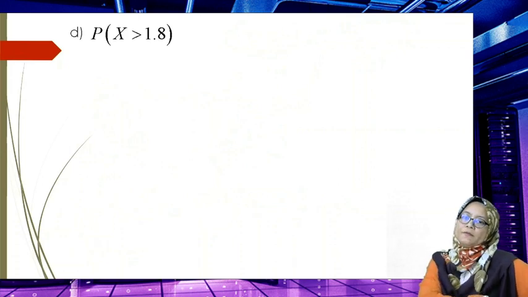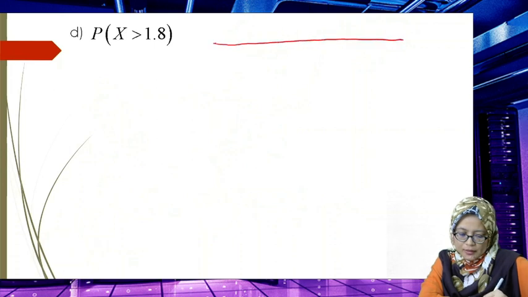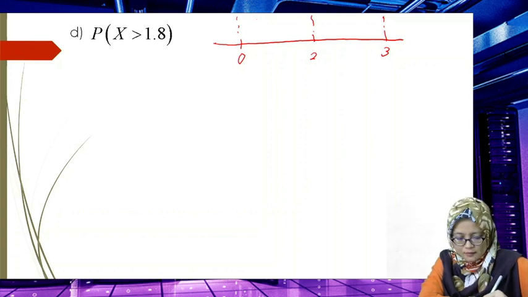Okay, so next for probability x greater than 1.8. Okay, so sama juga macam tadi. So create interval dia 0 to 3. So ini 1 over 6 x plus 1. So ini function 1 over 3.